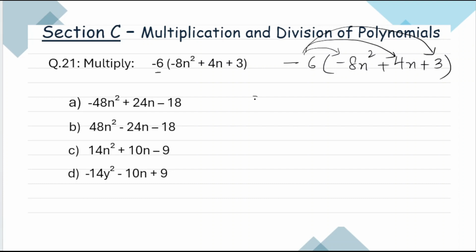Let's multiply it. Negative 6 times negative 8 is 48n square. Negative 6 times positive 4 is negative 24n. Negative 6 times plus 3 is negative 18. So our answer is 48n square minus 24n minus 18. So option B is our correct answer.